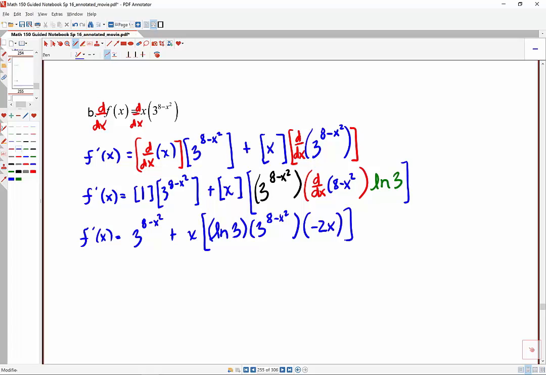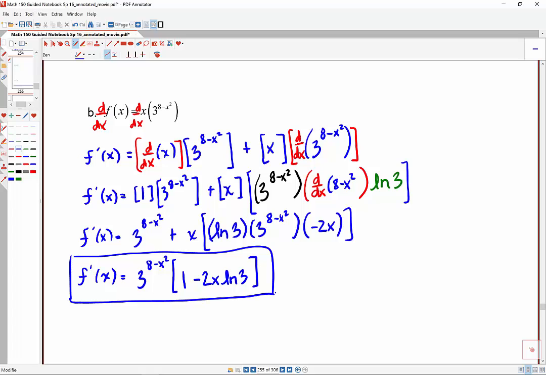Okay, so cleaning it up a bit, we will have f prime of x is equal to, I'll factor out the 3 raised to the 8 minus x squared, and I will end up with 1 minus 2x times natural log of 3, and we are all done.